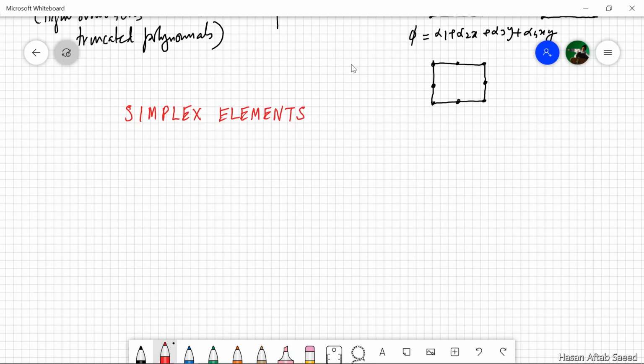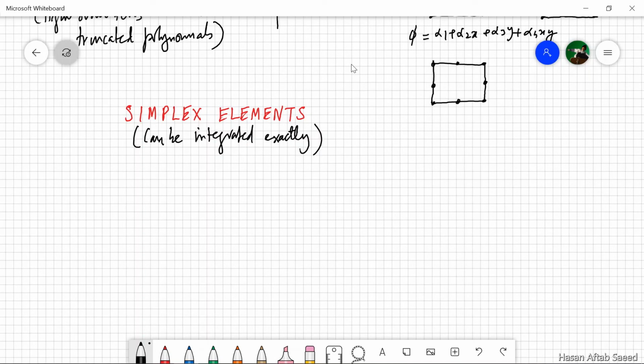The reason being, they are easy to handle, especially their integration. They can be integrated exactly. There are simple formulas to integrate simplex elements, and that makes life easier for us.